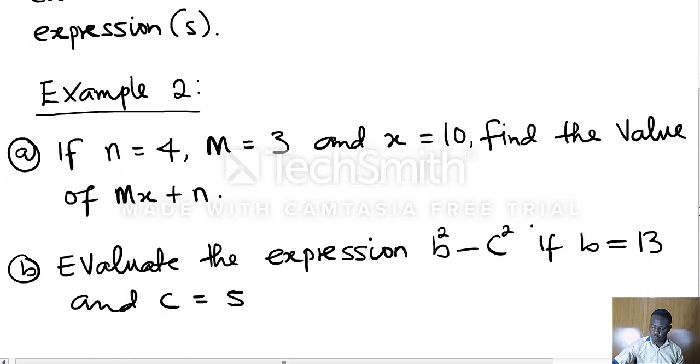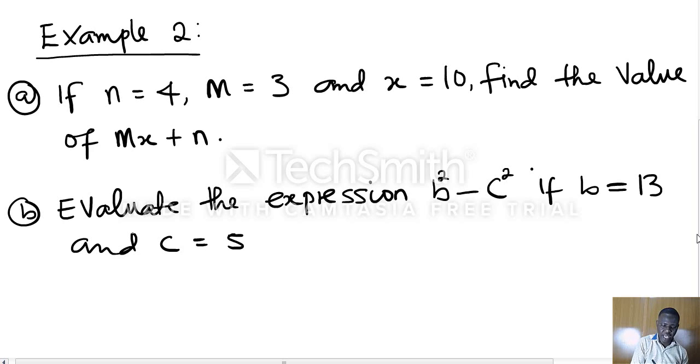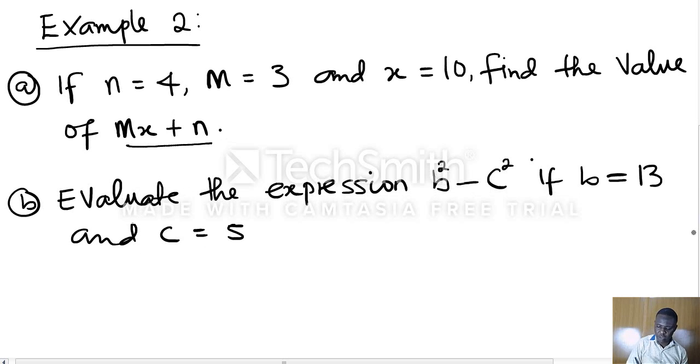Example 2, first on example 2 says, if n is equal to 4, m is equal to 3, and x is equal to 10, we should find the value of mx plus n, where m, x, and n have been assigned values.